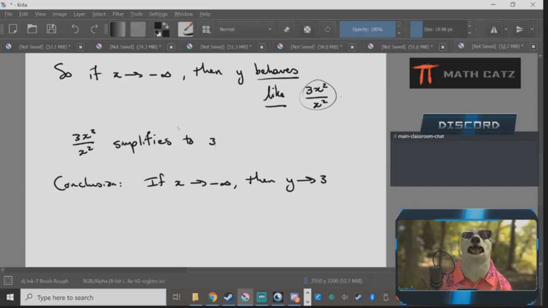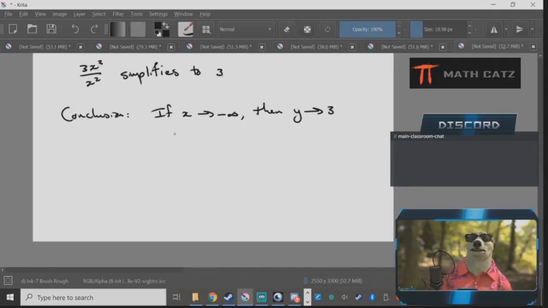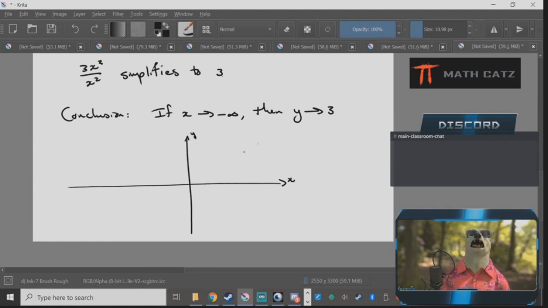Now, I have no idea what this graph looks like, right? This function has some fancier polynomials. It's not even super fancy, it's a couple of quadratic polynomials, and I still don't know, without a lot of effort, what this graph looks like. But that's not the question. The question is simply, if I go far enough to the left, because negative infinity for x, what is happening to the y values?